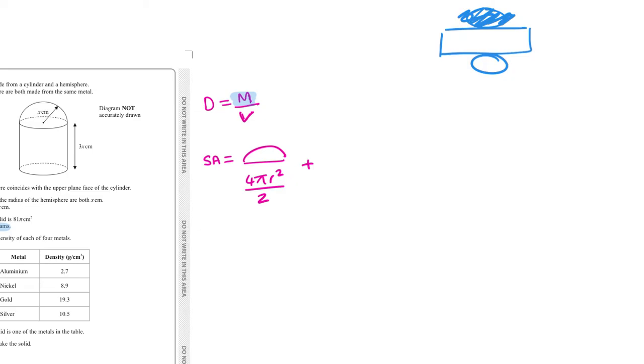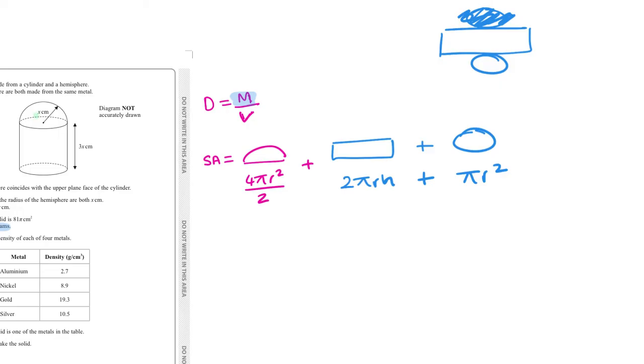It gives us the curved surface area of a cylinder, which is the curved bit that wraps around the middle: 2 pi r h. And then we have to add on the bottom. What is the bottom? Yeah, a circle, so pi r squared.